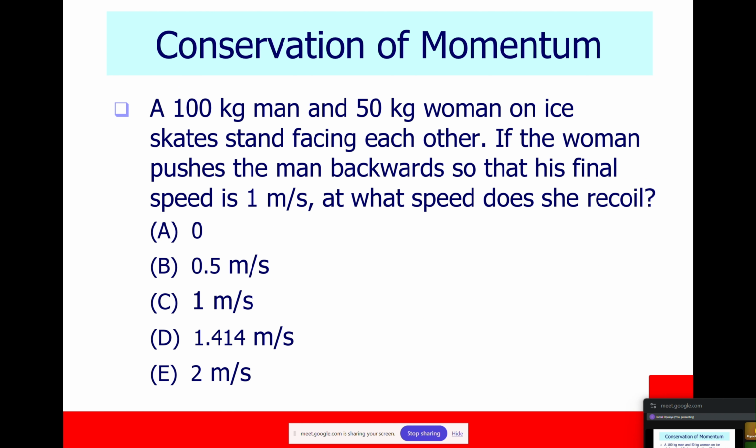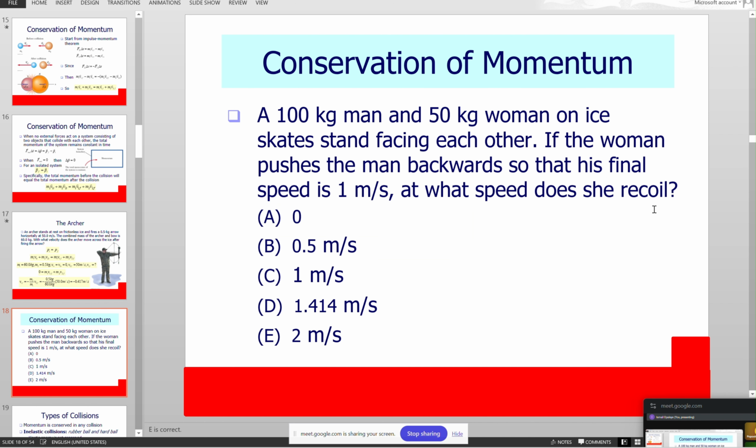So what you're looking for is recoil velocity. Do you get what I'm trying to say? Yes, sir. Do you all want to try this, or should we look into it together? Let's look into it together, not to take too much of our time.